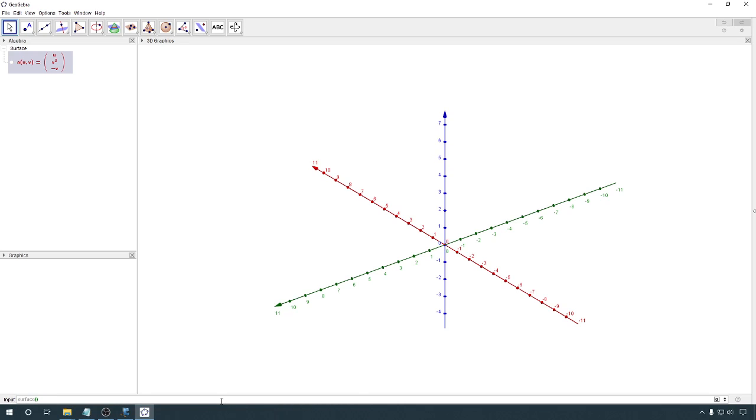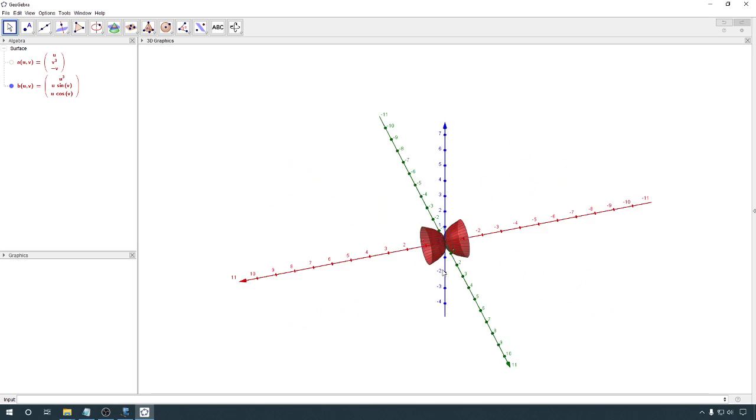My components are u cubed, u sine v, and u cosine v. Again, I need to tell it what my variables are. We have u going from -1 to 1. We have v going from 0 to 2 pi. This one's a little bit smaller than the other one.